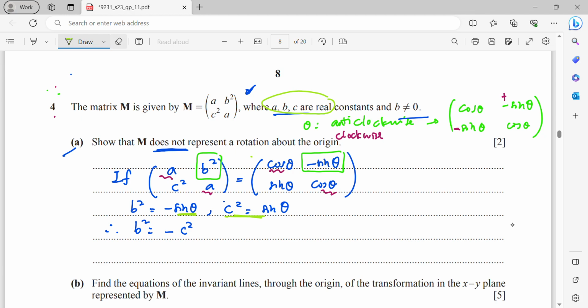A, B, C are real constants. So since A, B, C are real constants, means real numbers, and then the B is not 0. Alright, so B squared equals minus C squared is true when the B equals 0. But since the B is not 0, that means B squared equals minus C squared is impossible.